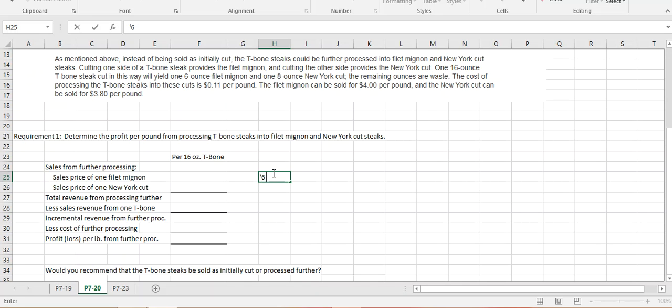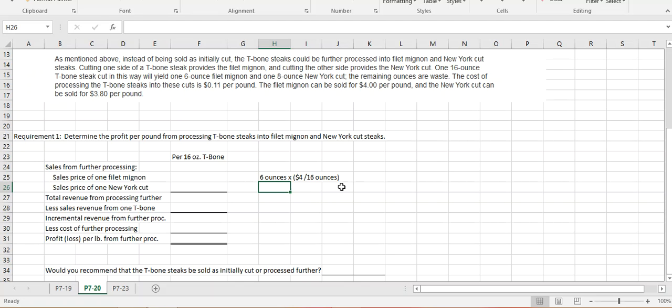We would have 6 ounces of a filet. If we take the 6 ounces and multiply that by a per ounce price, we'll know how much the filet is worth. If the filet is $4 a pound, we can divide that by 16 ounces, which is 1 pound, and it comes up to 25 cents per ounce.